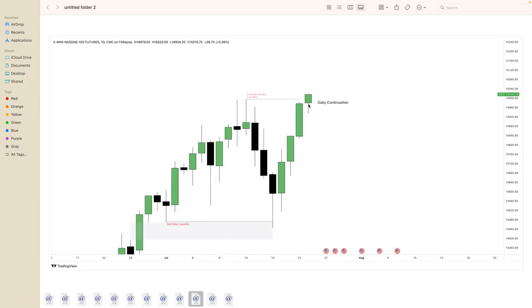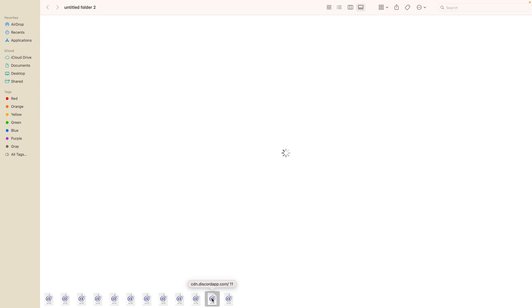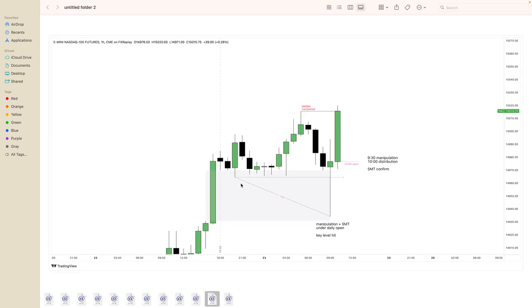But again, we're targeting this external, but how do we know that's going to continue? Well, intraday and SMTs, right? Intraday profiles. Oh yeah, so this is what I marked out. This is what I remember. So this is the daily open. We have no significant run. We have no significant daily wick. This is the daily wick, but you don't want to see that, right?